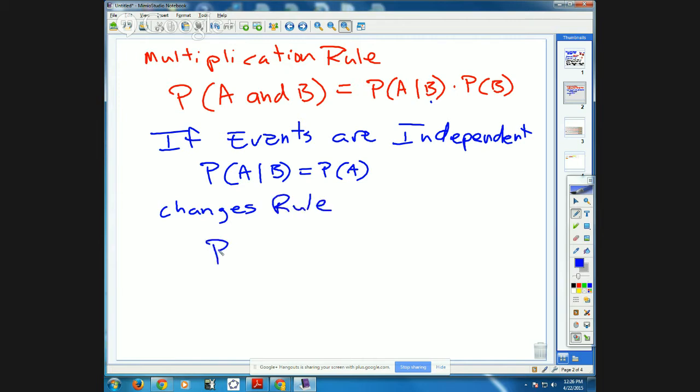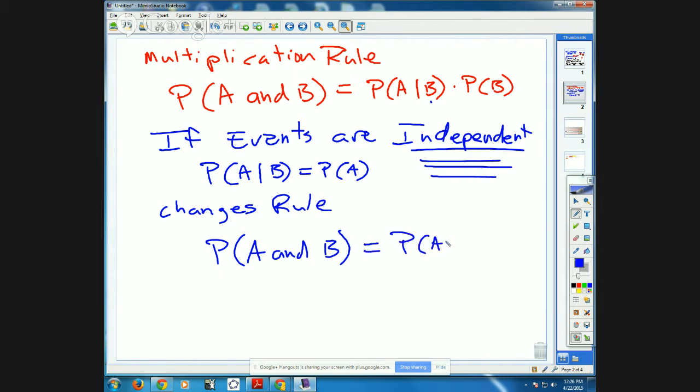If you have independent events, the probability of A and B happening is the probability of A times the probability of B. We'll always have to consider, when an and is involved, depending on the information we're given, whether they're independent or not. It just depends on the situation.